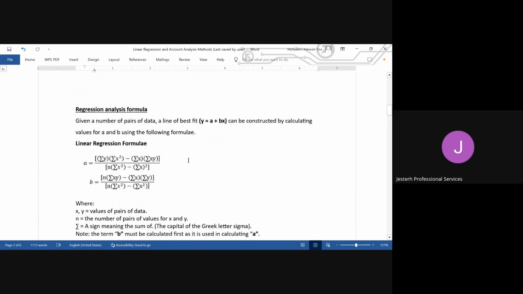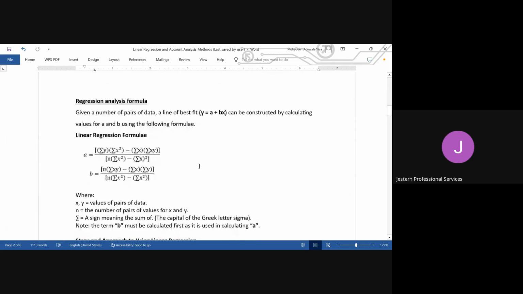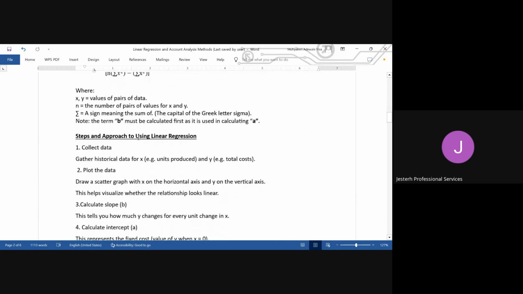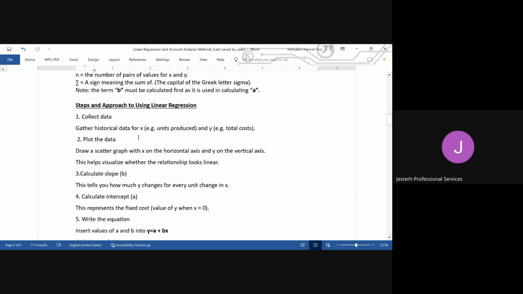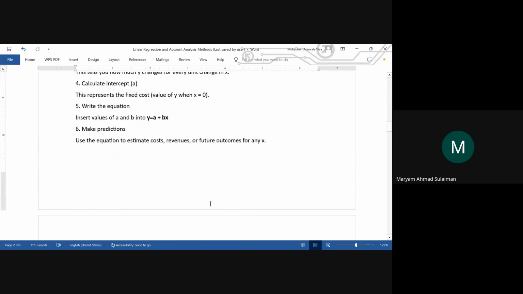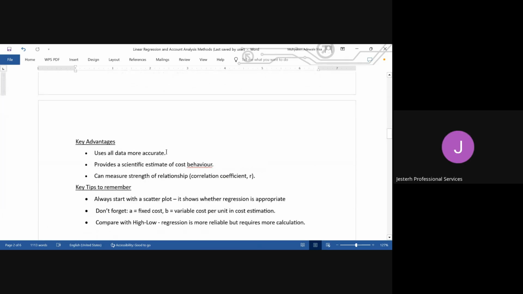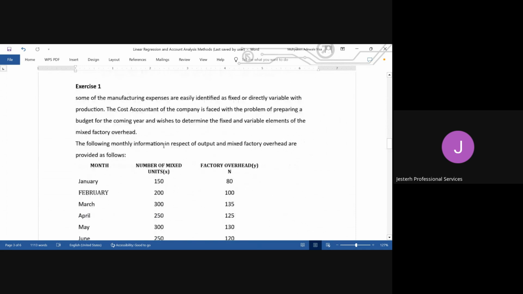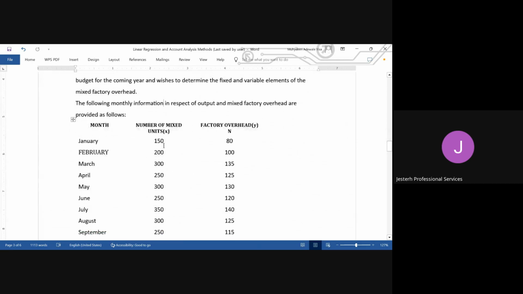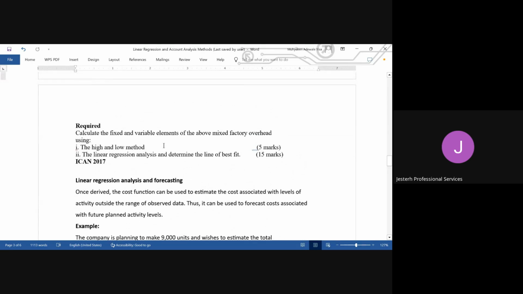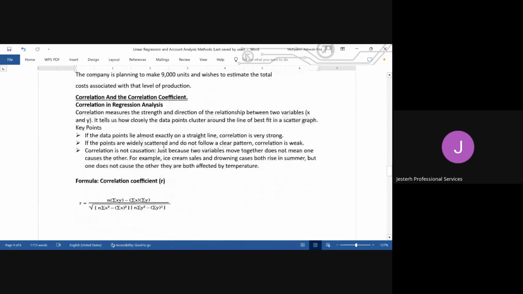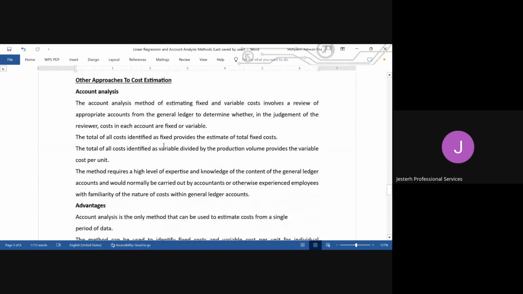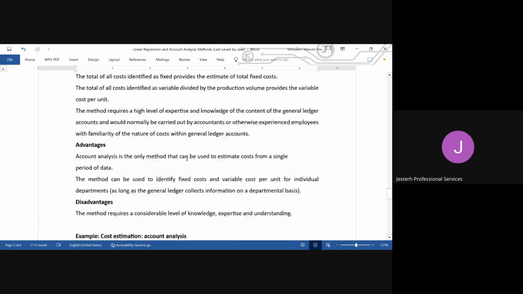And then we also calculated the regression using different approaches, the steps, and then the advantages and the key tips that can help us to know how to plot this linear regression, where we were able to solve at least 3 questions relating to linear regression. And then we also solved other questions using an accounting approach.